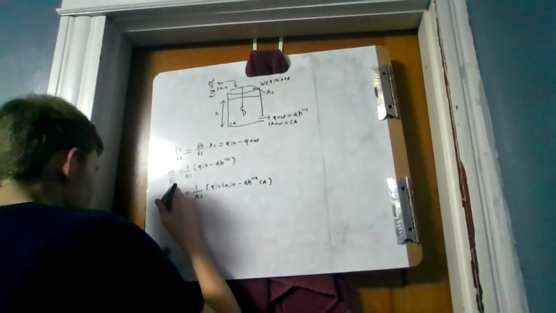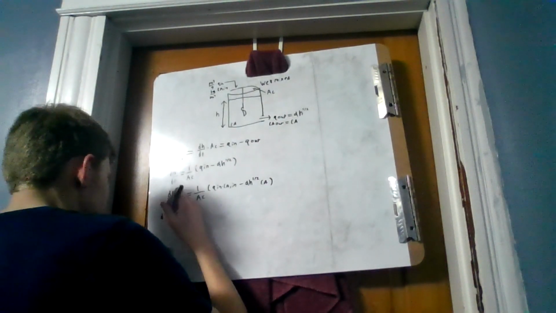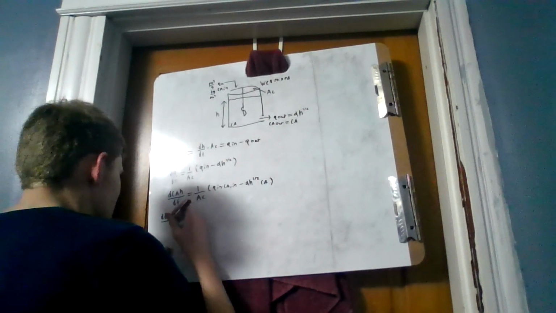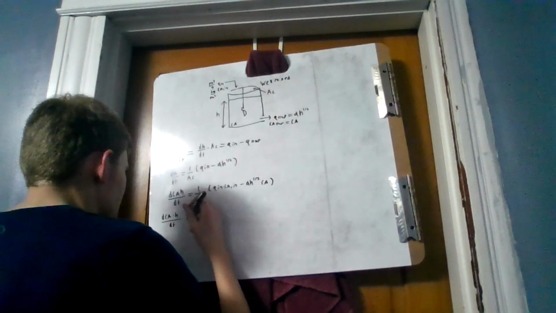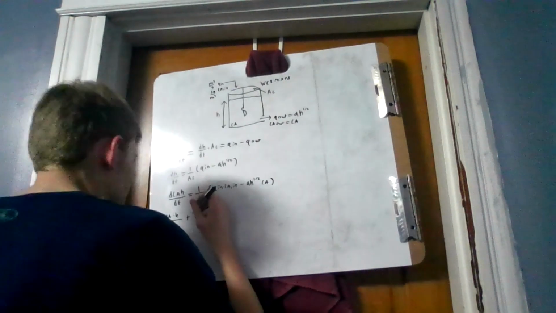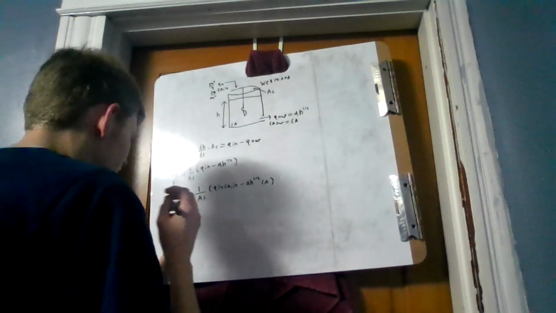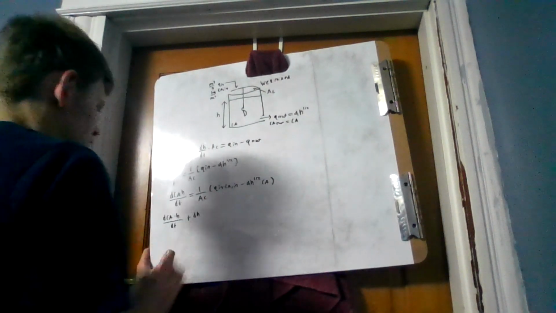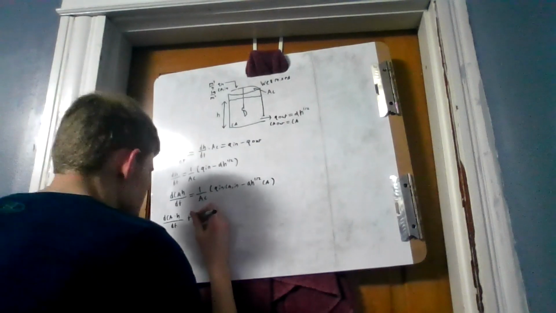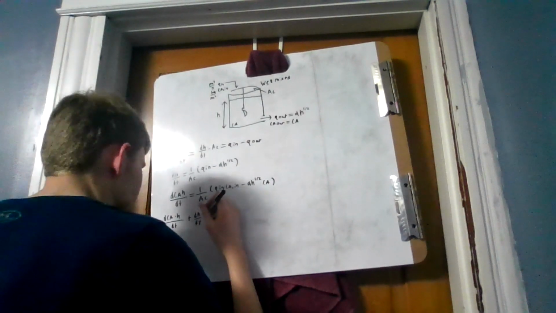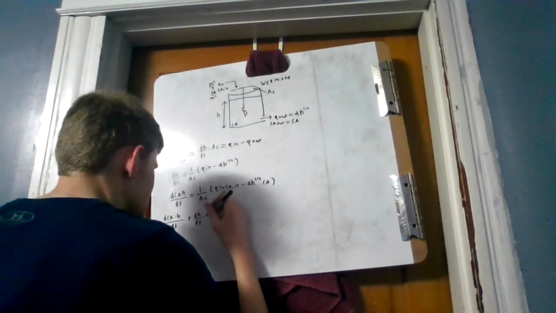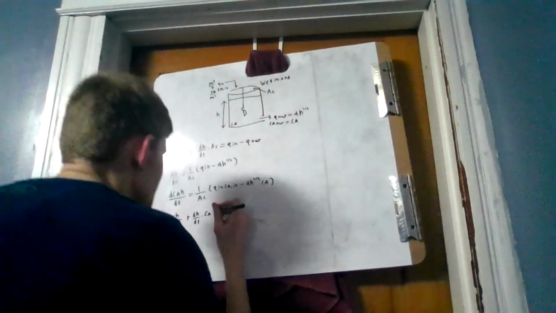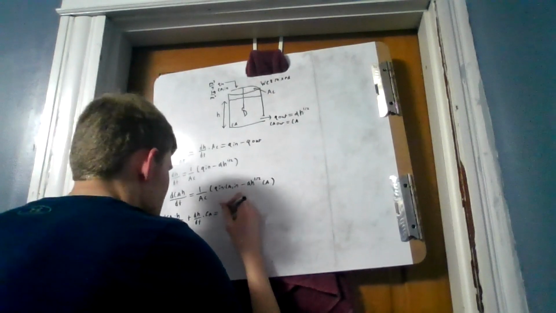So we can set up an equation such as the change in concentration multiplied by our fluid level over our change in time, plus our rate of change of the fluid level multiplied by our concentration of the tank here. And that will be set equal to our equation up above.